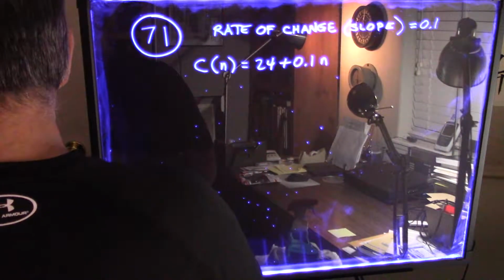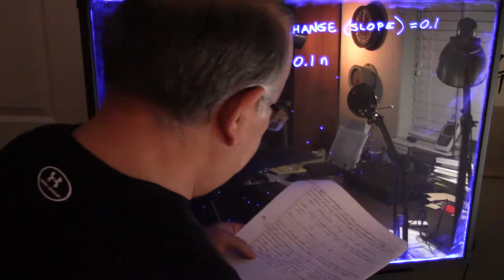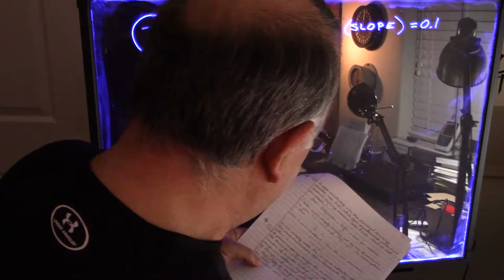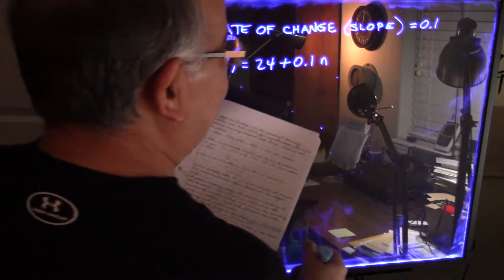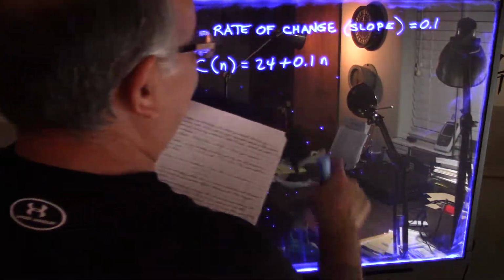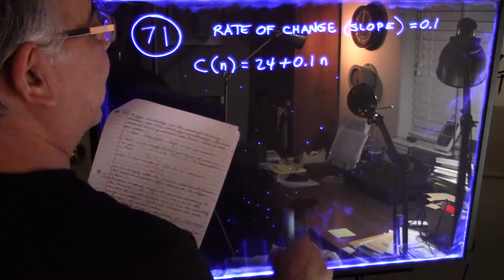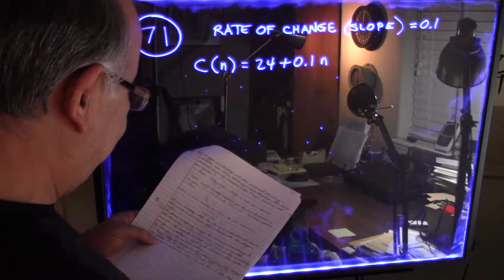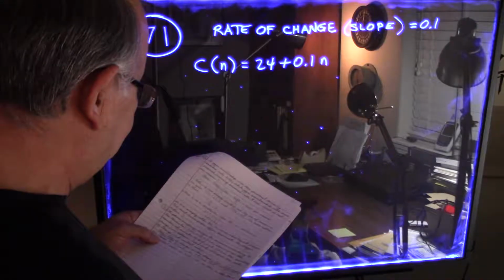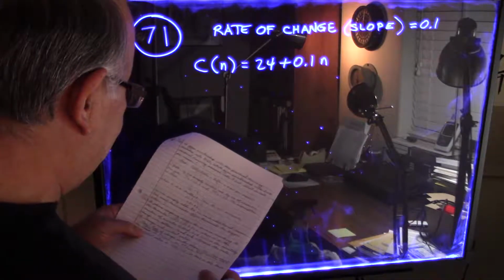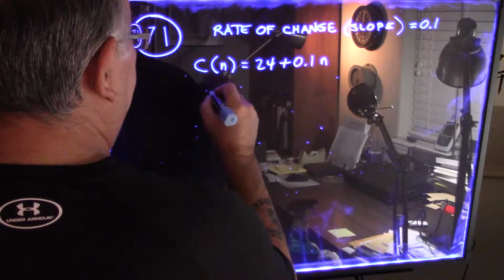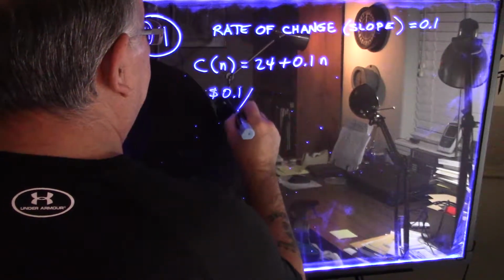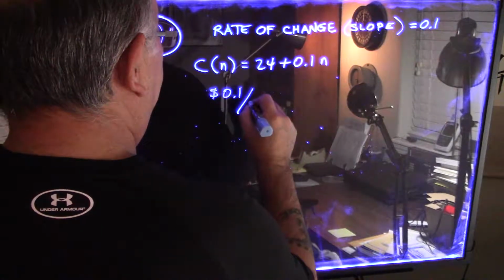That means that the monthly charge increases. Why increases? Because it's positive. If that was a minus there, you'd say the monthly charge would decrease. But here it's positive, so the monthly charge increases by $0.1 per minute.